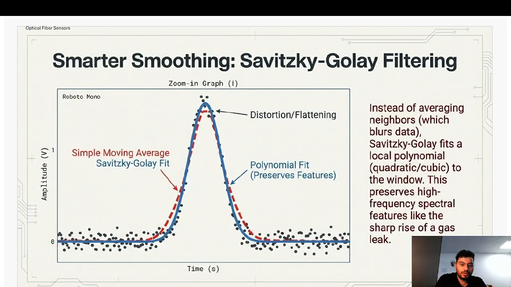Moving to the next thing, there are several types of averaging we can do. The best is the Savitzky-Golay fit. Suppose you have a number of points, with amplitude over time.